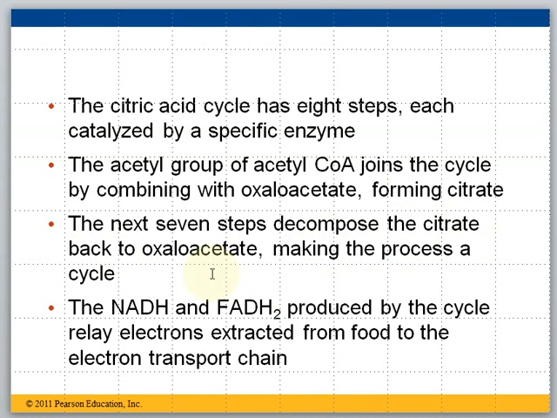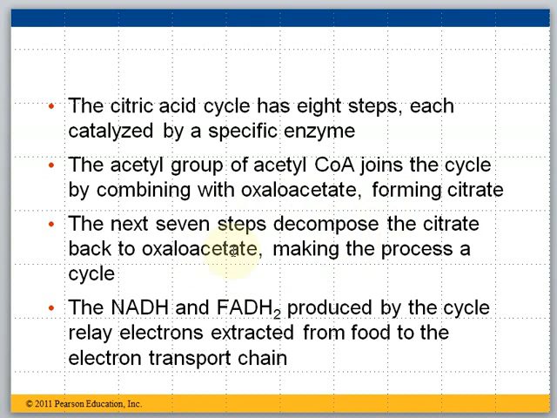So we end up with what we started with from the first step, and that's what makes this a cycle. So part of the acetyl coenzyme A joins with this material, oxaloacetate, and forms citrate. And then we go through about 7 more steps to decompose the citrate and release some energy and create some NADH.